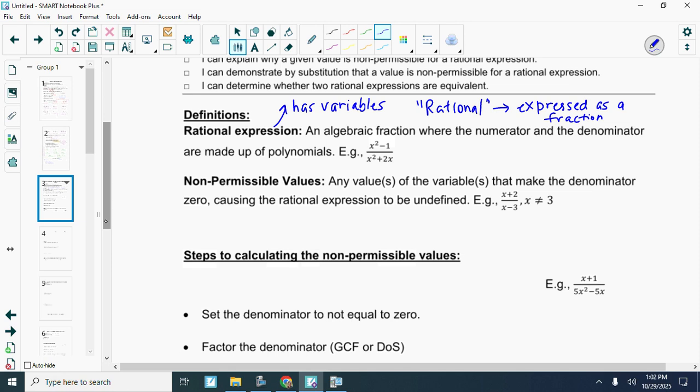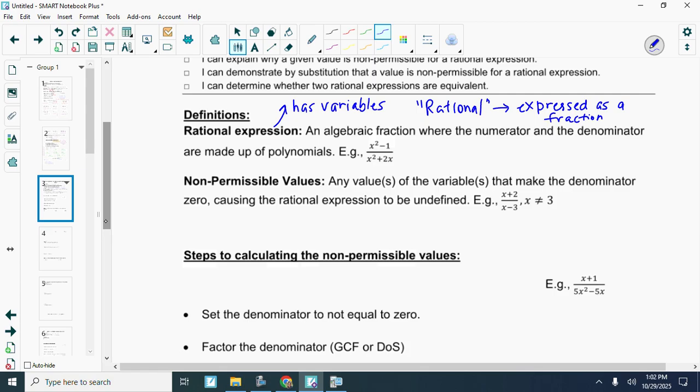Let's start with the non-permissible values. You learned, probably as soon as they let you have a calculator, to take out your calculator and go 3 divided by 0. What do you get? If you said 0, you didn't actually do it on your calculator. It says error.